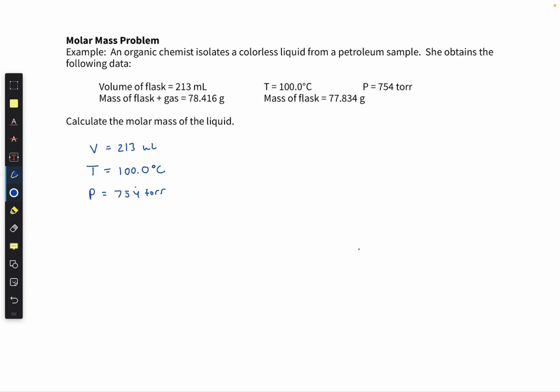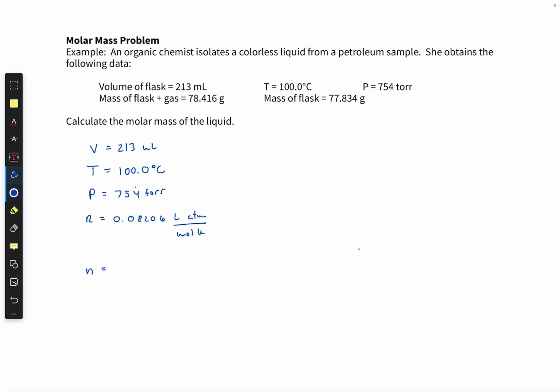So right away, we see that this feels like ideal gas law because we have 3 out of the 4 variables. And of course, we know that R, we can always look up R, in liter atm per mole Kelvin. And so from that, we can find n.